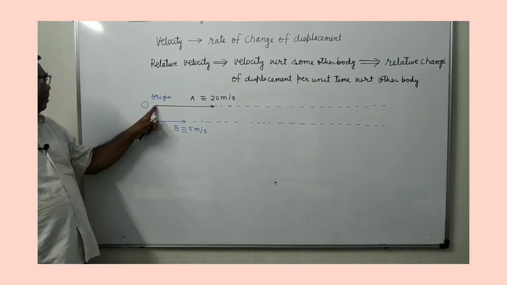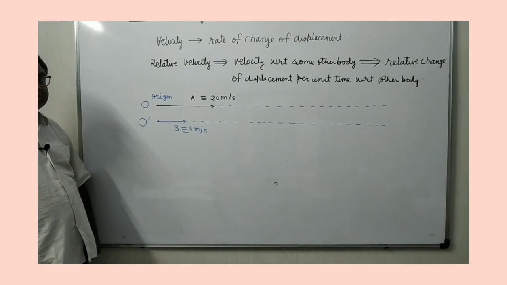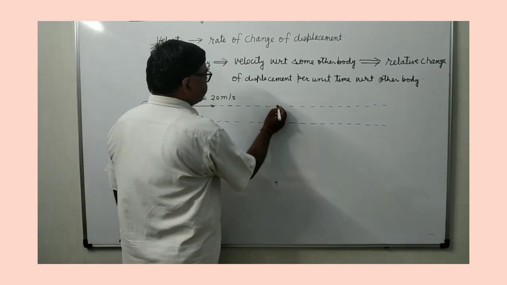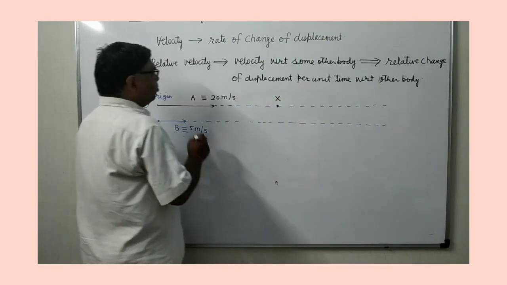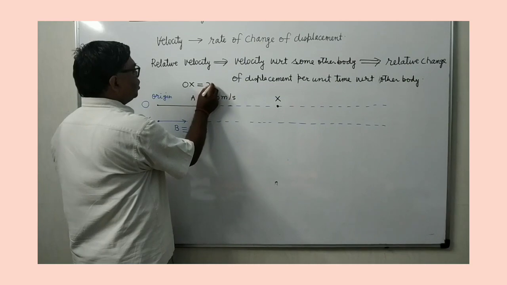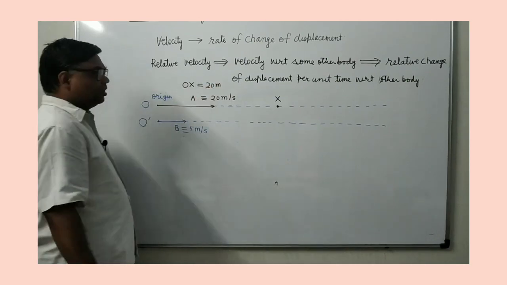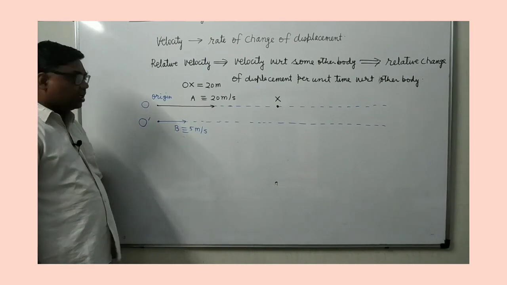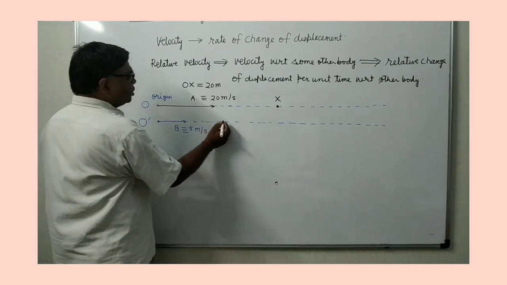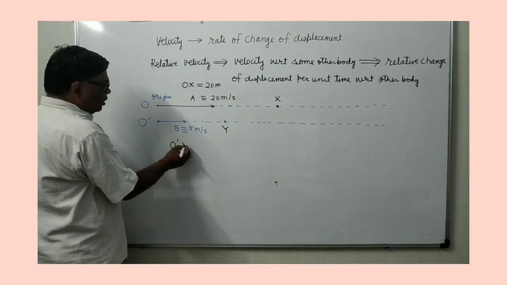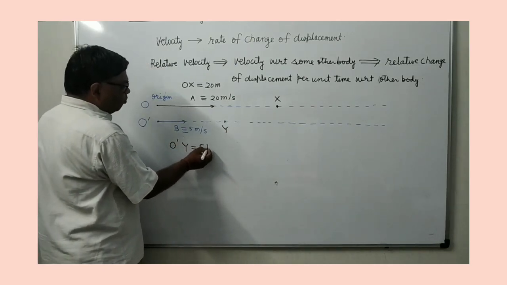Now body A will cover how much distance in 1 second? It will cover 20 meter and reaches, suppose, the position X. Means OX will be equal to 20 meter. Is it clear? Now body B will cover how much distance in 1 second? 5 meter, and suppose it reaches the point Y, that is O dash Y is equal to 5 meter.